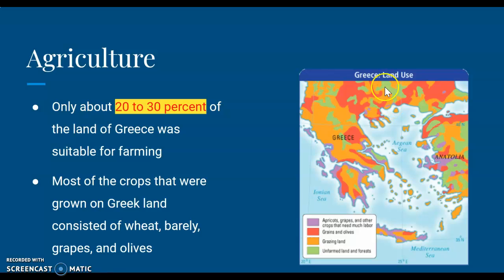If you look at this map here, it comes directly from your textbook, and it shows you just what was grown around Greece. If you look at the purple, apricots, grapes, and other crops that needed a lot of labor grew in these areas. If you look at the red spots, this is where most grains and olives were grown.